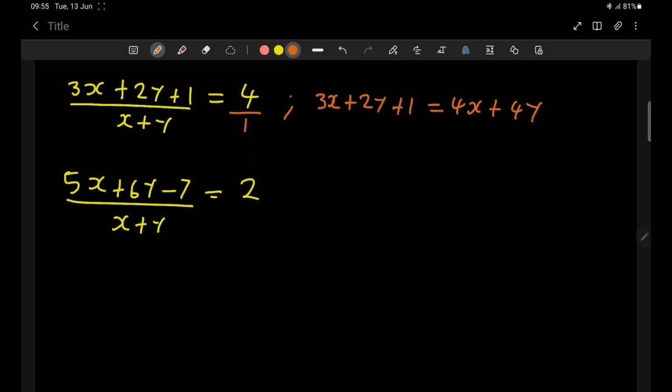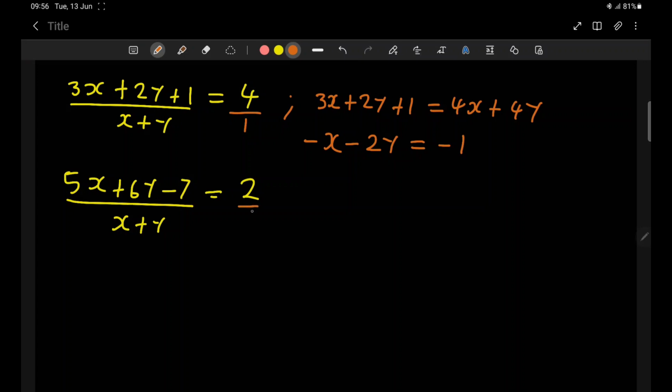Then we can collect the like terms. So that is 3x, when 4x crosses, we'll have negative x, and then 2y minus 4y will have negative 2y, and this will be equal to negative 1. And that's our expression simplified.